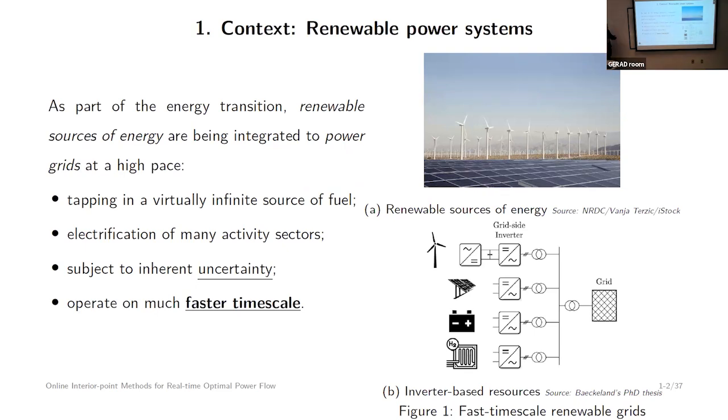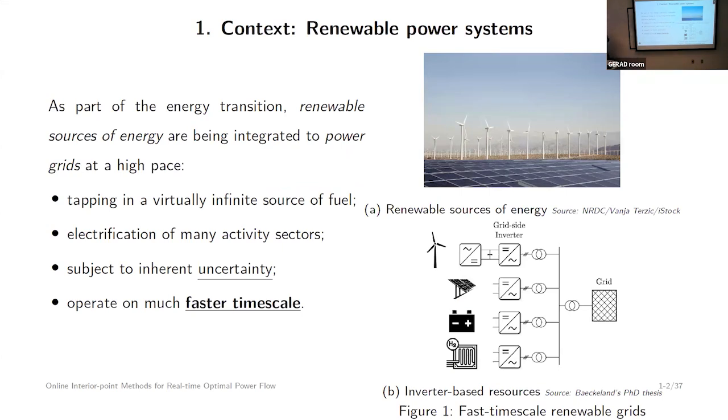So very general context, renewable power system. We're injecting a lot of renewable sources of energy within the grid. Here, first disclaimer, to me, renewable sources of energy won't be hydro. While hydro is great, it's also limited.